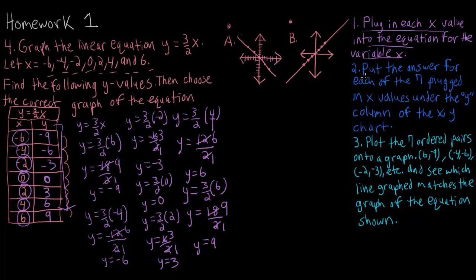So we did step 2, which is we put the answers for each of the 7 plugged in x values under the y column of the xy chart, which is all of these answers right here. And the last step, step 3, is to just go ahead and plot the 7 ordered pairs onto a graph.